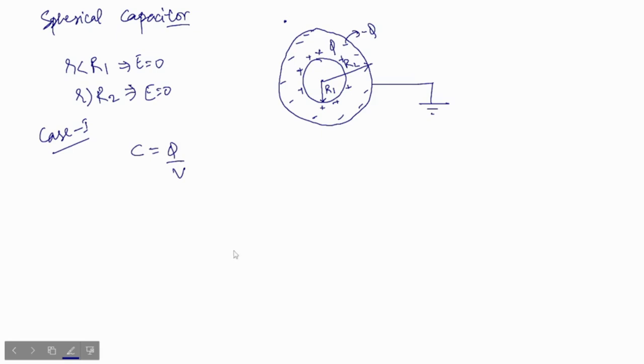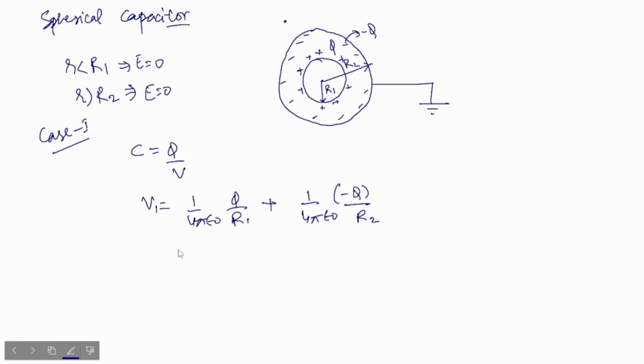Now, the potential of the inner sphere, that is the smaller one, will be V1 is equal to 1 upon 4 pi epsilon naught Q upon R1, due to its own sphere. And the potential due to the outer sphere is also superimposed on it, plus 1 by 4 pi epsilon naught minus Q upon R2.